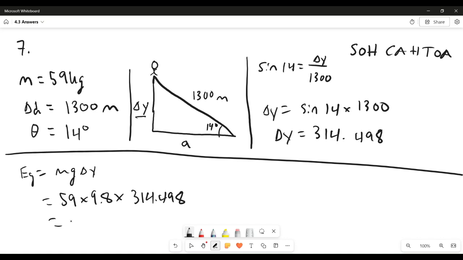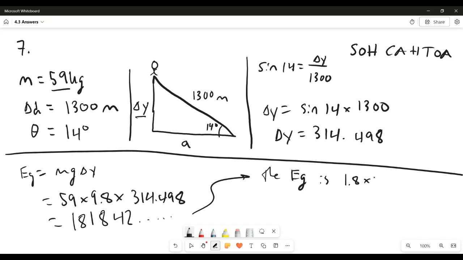If you punch this into your calculator, you should get a number that looks a little something like that. There's a bunch of decimals, but they don't really matter because we only have to write two significant digits. So I'll write that the gravitational potential energy is 1.8 times 10 to the power 5 joules.